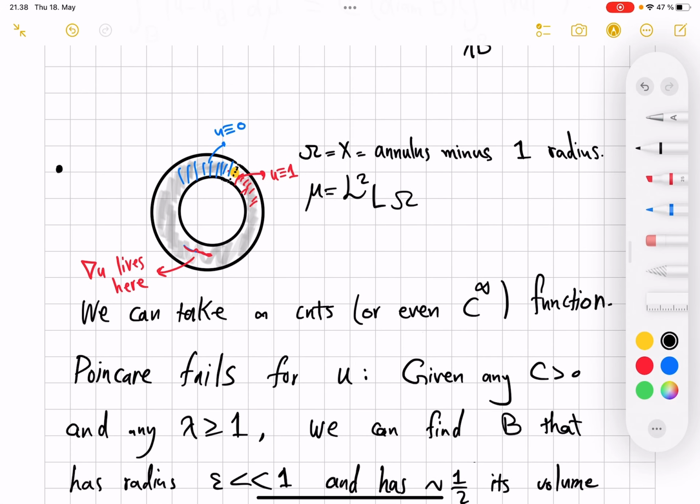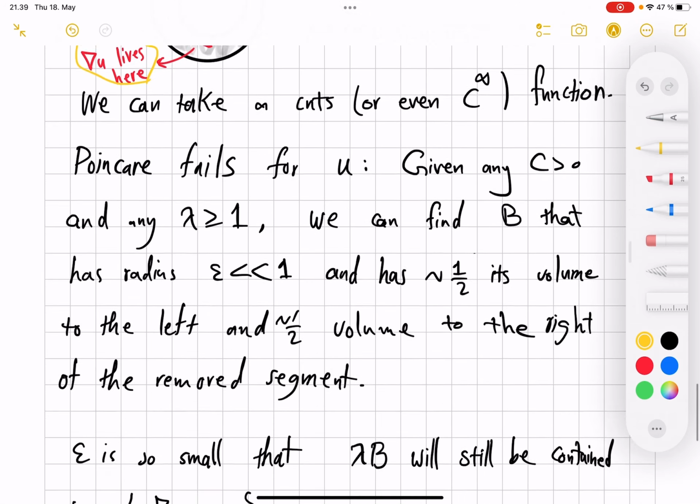So you had your lambda, of course it has to be fixed once, and then this radius is so small that if you dilate the ball lambda times, you are still not finding this part where the gradient lives. So you're still in the constancy part.